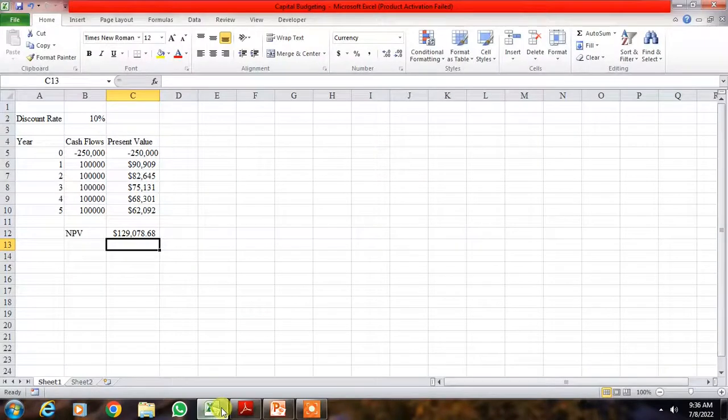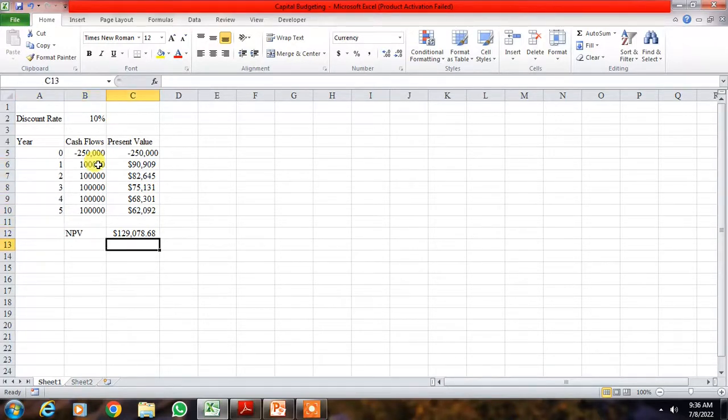Like in this case, the cash inflows are the same, the maturity is given, that is 5 years, and the time interval is also the same, received at the end of each period.